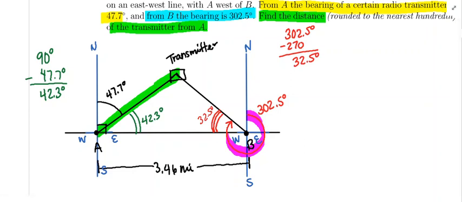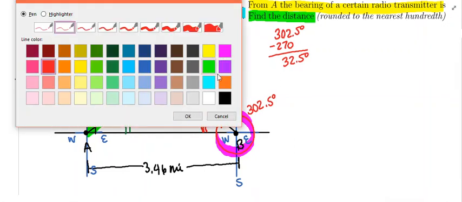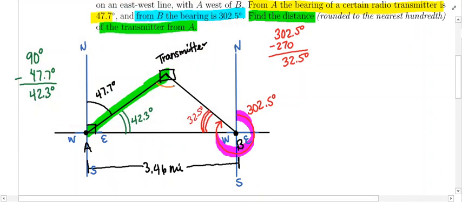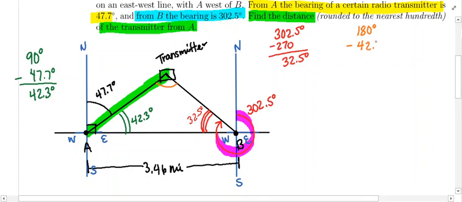Now we can get the third angle because we know the angles inside of a triangle have to add up to 180. I'll use a different color here so it stands out more. If we want this angle right here, we take 180 degrees, subtract out the 42.3 degree angle, and then subtract out the 32.5 degree angle, and we'll get the measure of this orange angle.